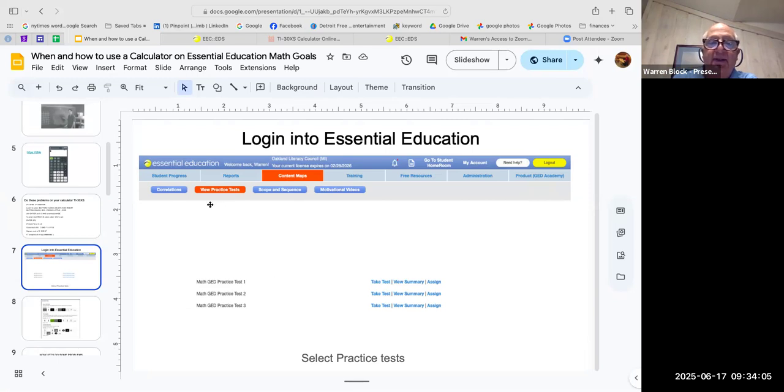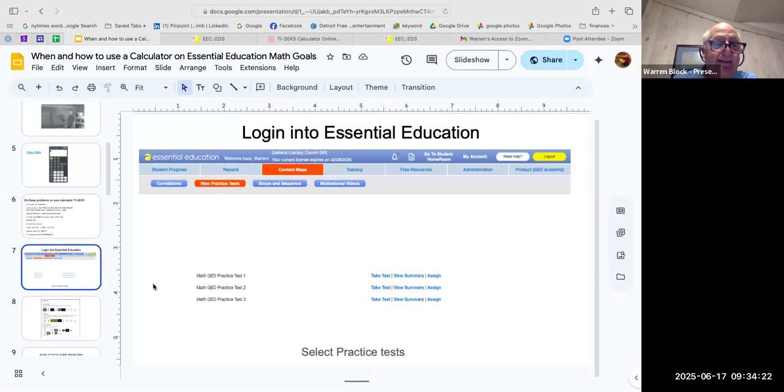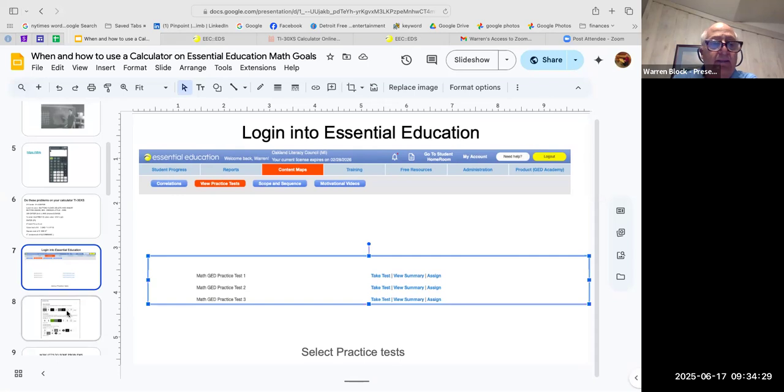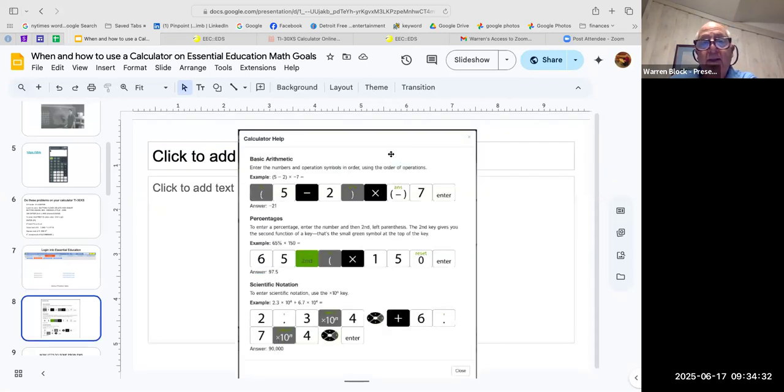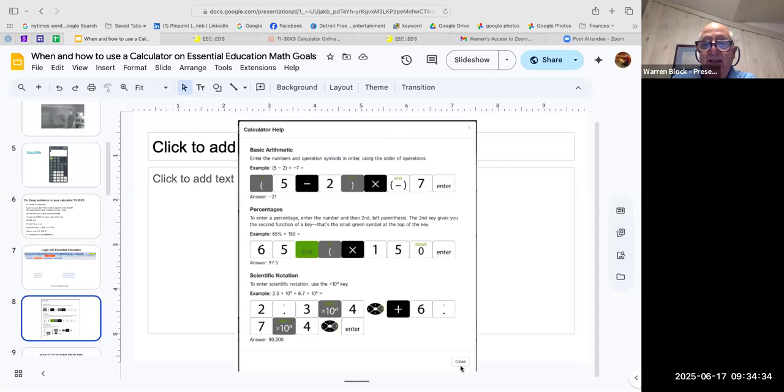When you go there originally, there's a whole list of reading and spelling and all the sciences and social sciences, all the tests they have, but there's a little section in the middle that has four of those if you want to try and find out where these problems are coming from today. And when you go to that, when they show the calculator, they give you some calculator help.